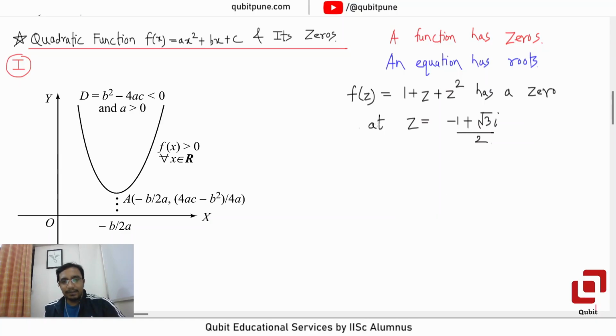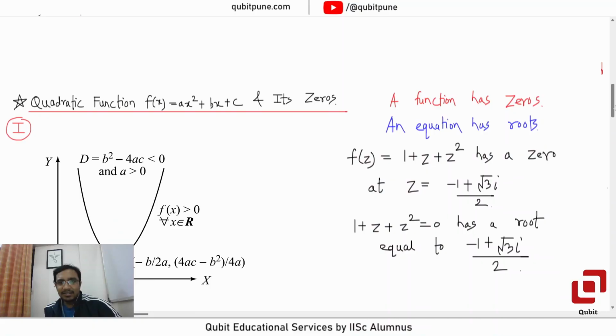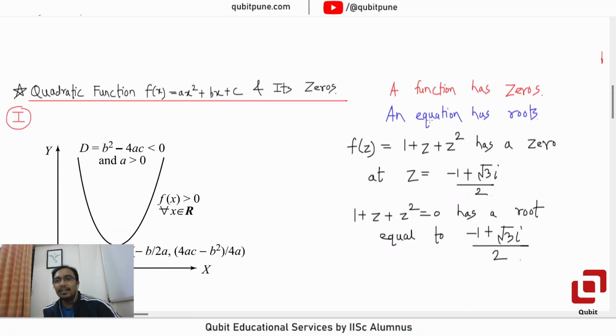And if I want to convey the same information using an equation, we will say 1 plus z squared equal to 0 has a root equal to -1 plus root 3 i. A minor change, but nonetheless it is essential to know. A function has zeros and an equation has roots.